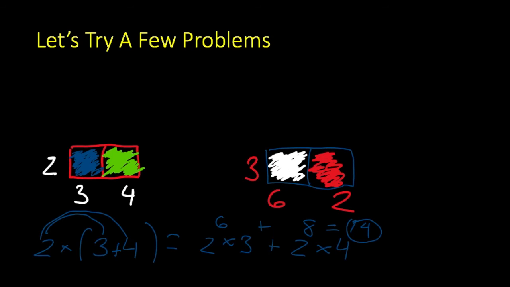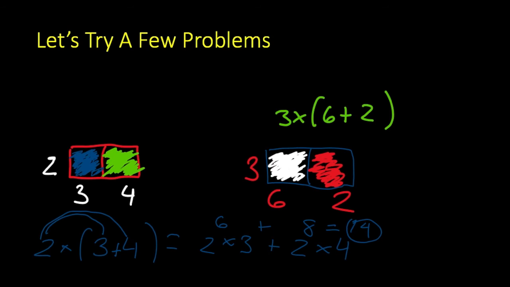Now, let's try this one. So we're doing 3, let me get a different color here, 3 times parentheses 6 plus 2. Now you're wondering, why are we using parentheses?